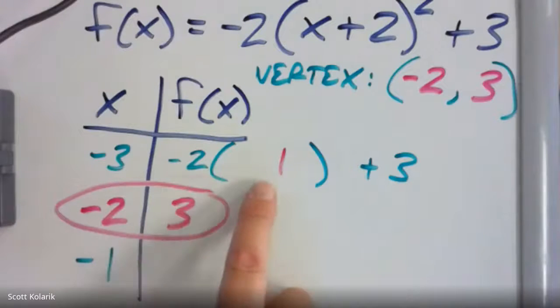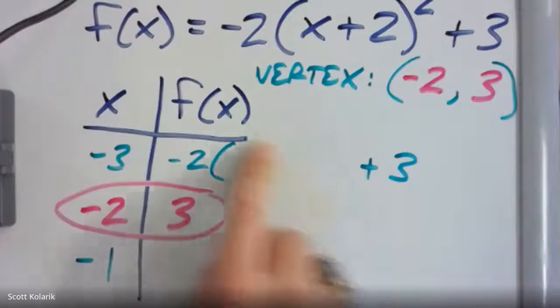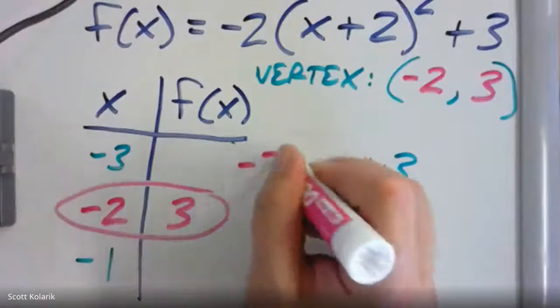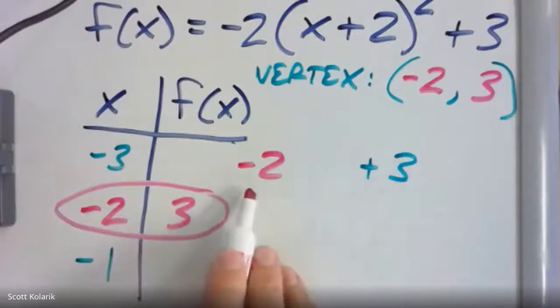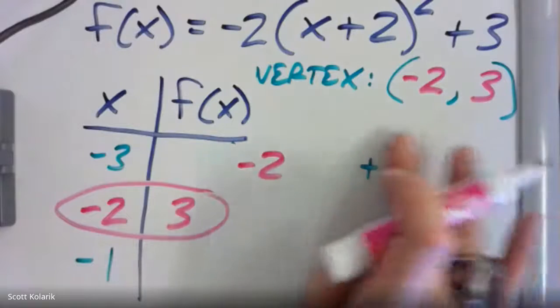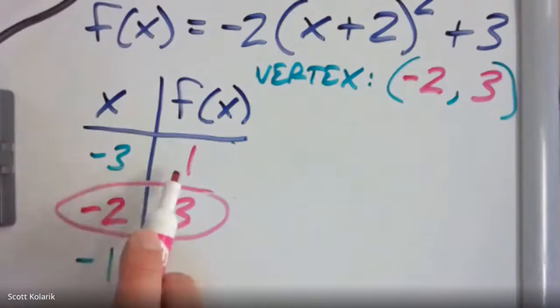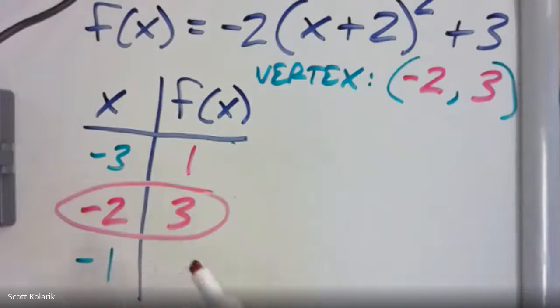The -2 times +1 will give me -2. And now I do addition last. -2 plus 3 is going to give me a +1 result. And again, here's the nice convenient thing. Because this is symmetrical, this result has to be perfectly matched here.